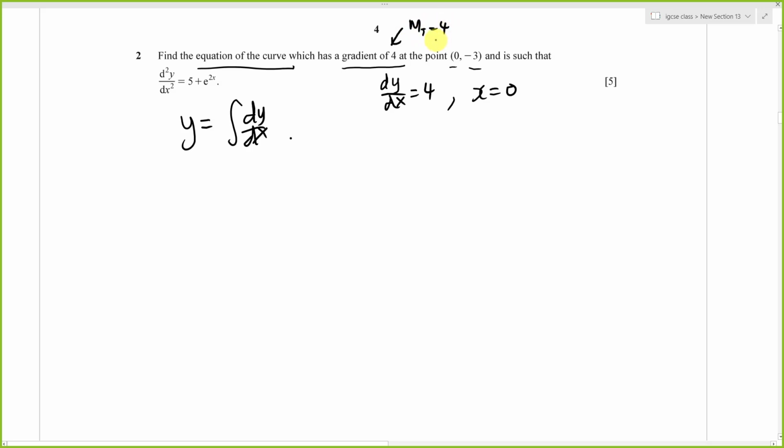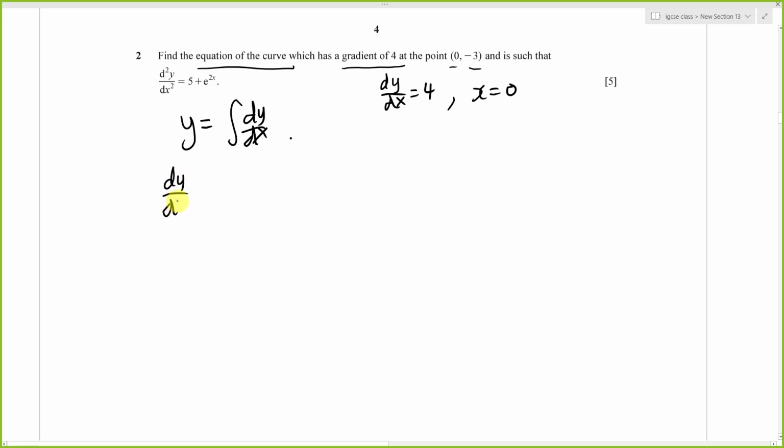It's not really the dy dx equation because you need to find the dy dx equation. But you can still think of it as dy dx. How do I explain that? Because the dy dx should be one equation with some x or x squared over here. But when I say the gradient of 4, it is the dy dx value after you sub the x value into it. Okay, maybe later you will know.